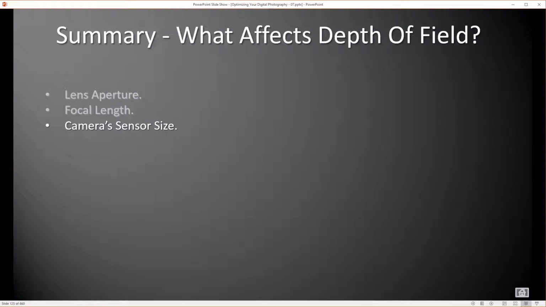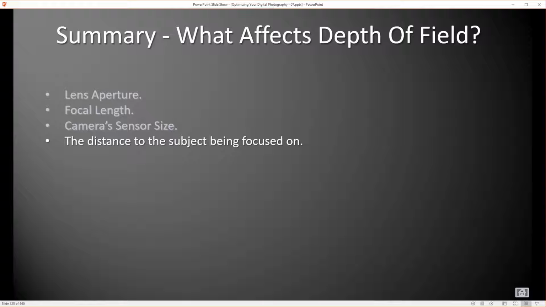The camera's sensor size. Smaller sensor sizes emphasize the depth of field more than larger sensor sizes. In fact, when you get to very, very small sensor sizes, like on your phones, you'll have virtually unlimited depth of field, and there won't be an awful lot of focusing needed for that size sensor.